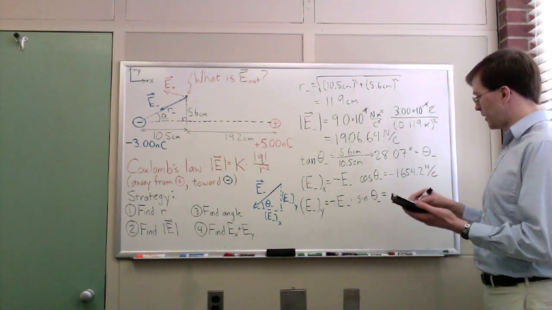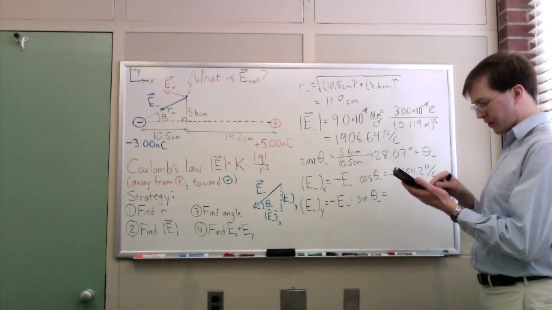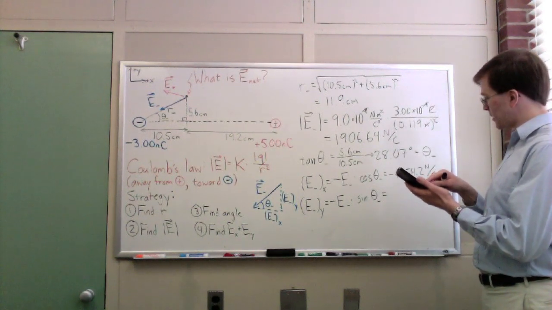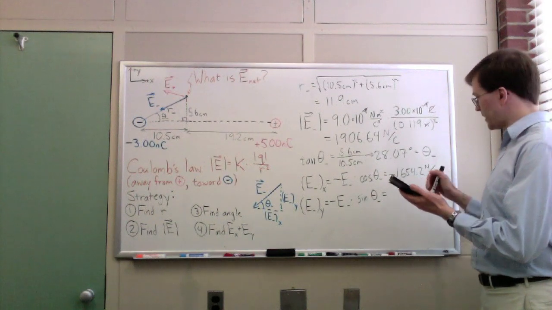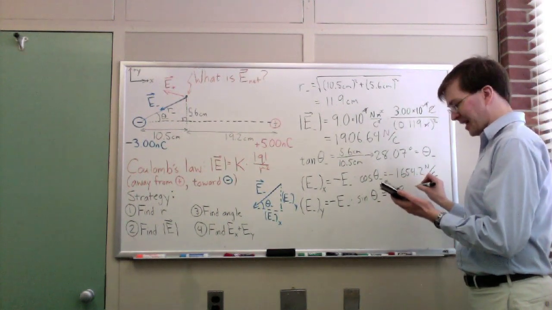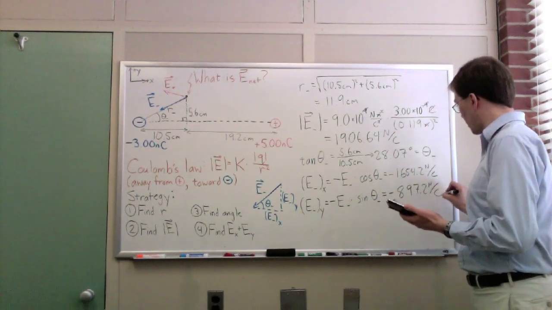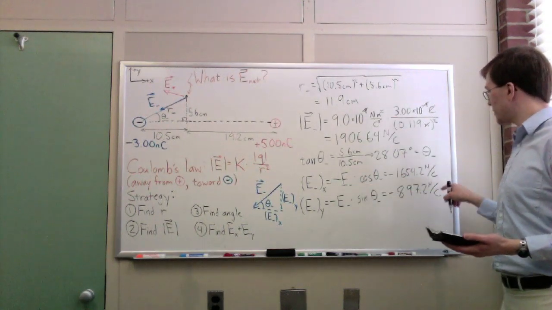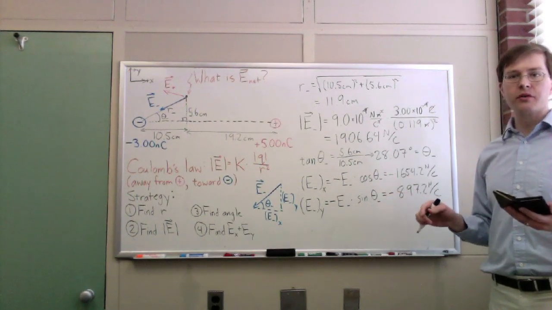And down here, same thing, 28.07 degrees. Sine of that is 0.47 times 1906.64 equals, down here I'll get minus 897.2 newtons per coulomb. So here I've broken my E minus into components, an x component and a y component, and that is something I'm going to keep for finding my total.